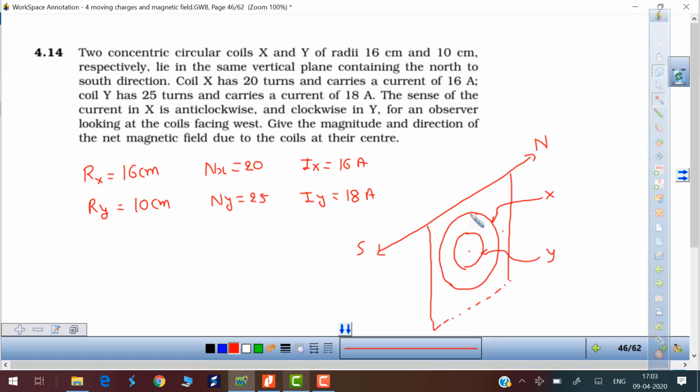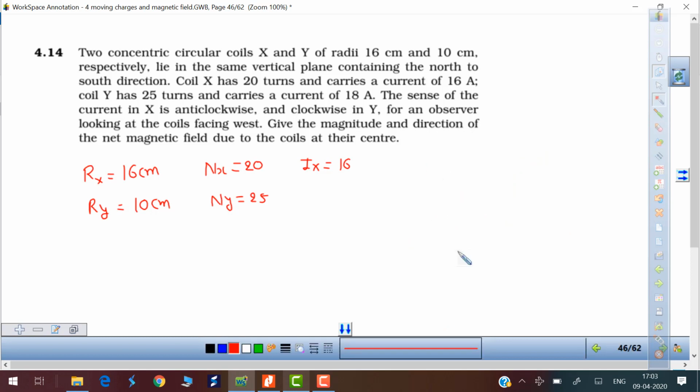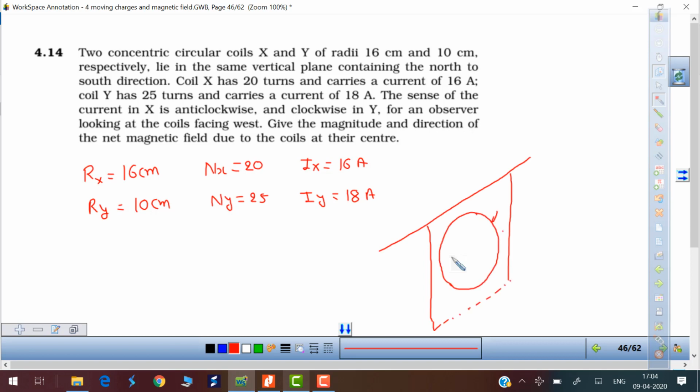So this side you have east and that other side you have west.